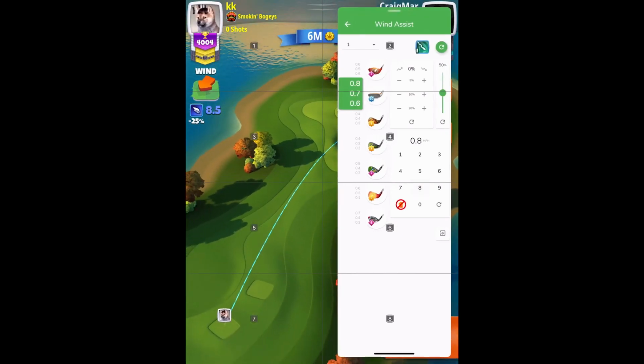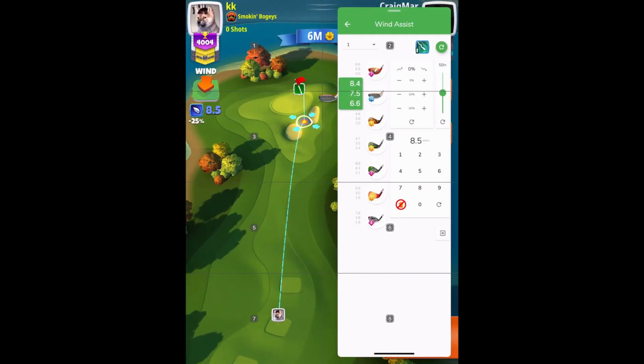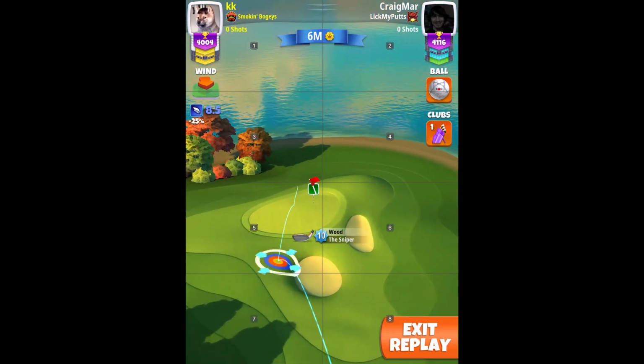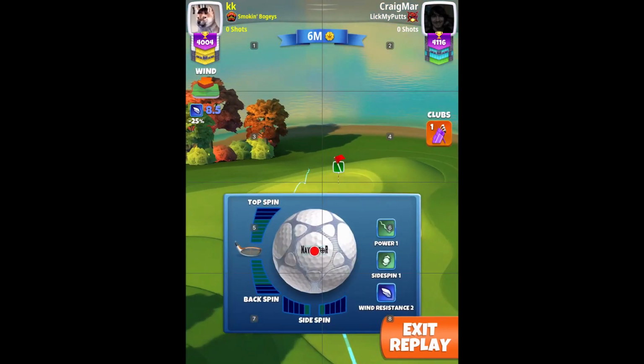Okay, and here's a straighter headwind. And I'm gonna do 1 right spin and about 3.5 back spin.